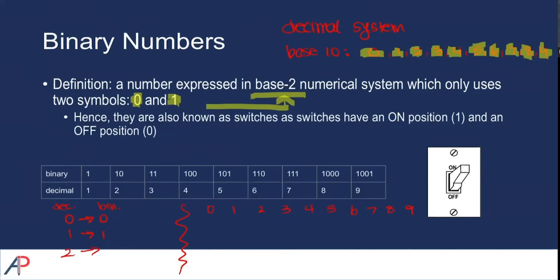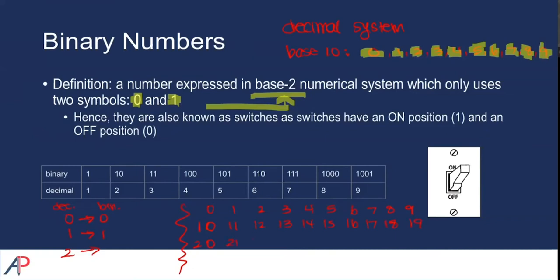So what do you do? You reset the ones position and increment the next position, the tens digit. Then you keep going because you reset the ones place. So 11, 12, 13, 14, 15, 16, 17, 18, 19. You've maxed out the ones place again, but it's okay, because you can reset the ones place and increment the tens place.